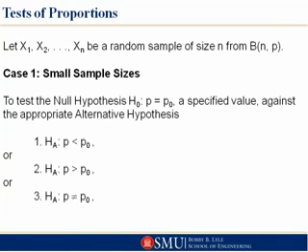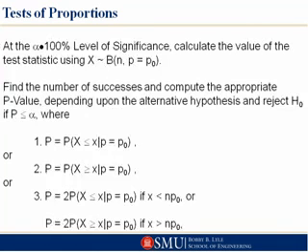Your alternative could be that the true proportion is higher than that number. Or your third alternative is that the true proportion simply isn't equal to that number. So depending on your interest is how you'll determine what your alternative hypothesis is.